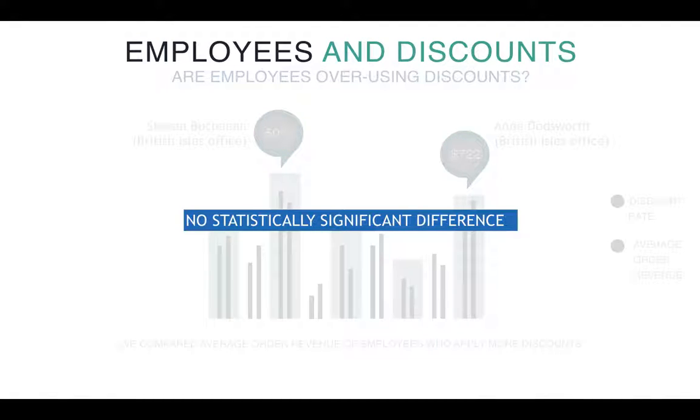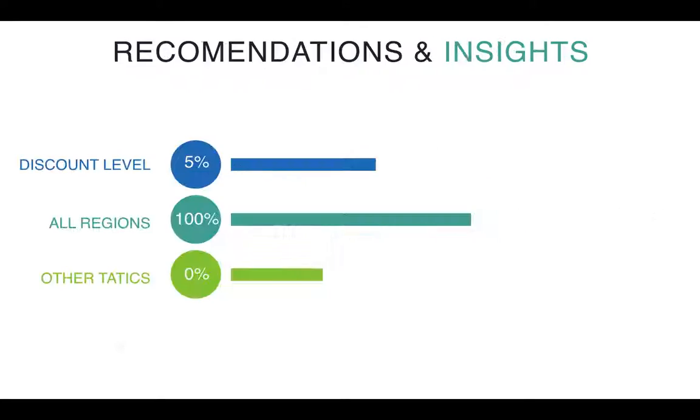However, when we ran our tests, we can see that even though Mr. Steven is applying more discounts than the other employees, there is no statistically significant difference between average revenue per order when we compare to the revenue generated by all the other employees. So this means that even though he's using this tool the most, it's not in fact bringing higher revenue.